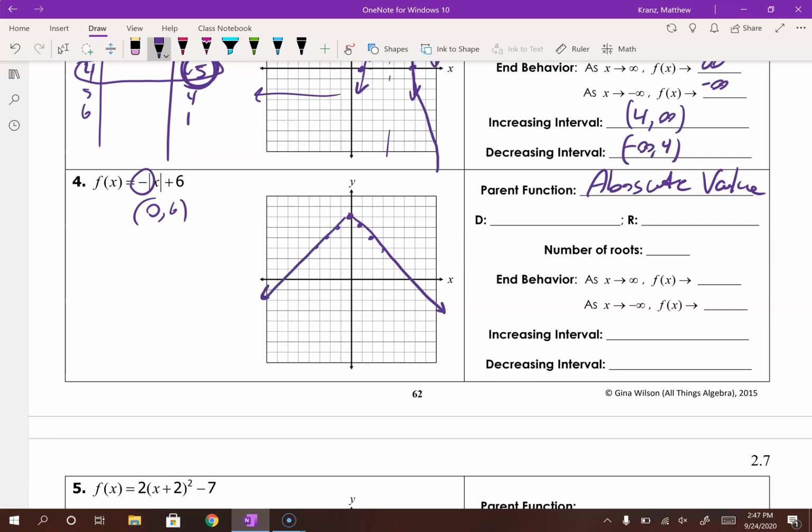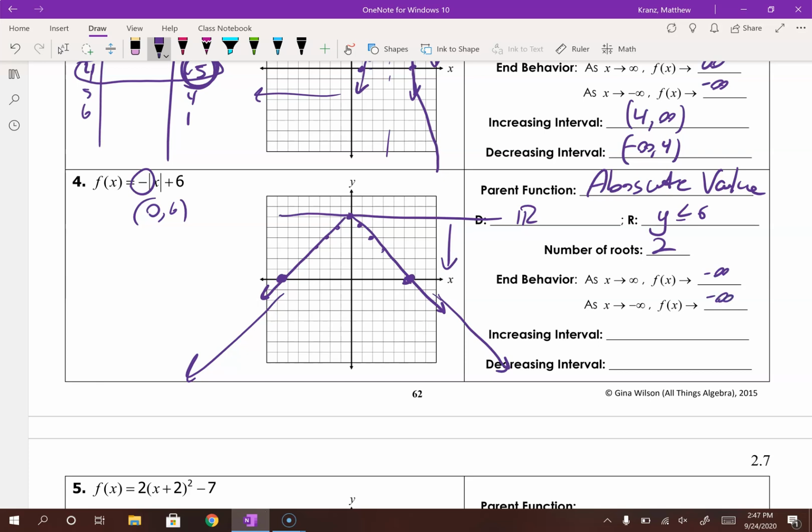All right, so our domain is all real numbers because it's going forever to the right and forever to the left. Our range is this point and down. So that would be y is less than or equal to 6. It has 2 roots because we're meeting twice. Right there, its behavior: well, it goes to negative infinity this way and negative infinity that way.